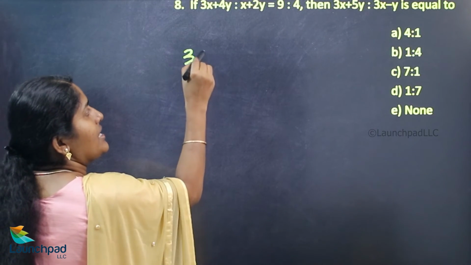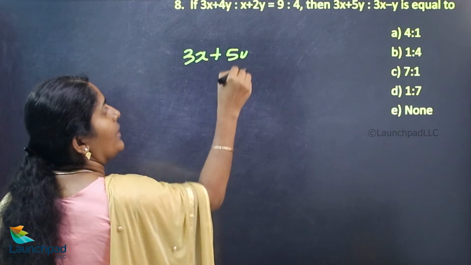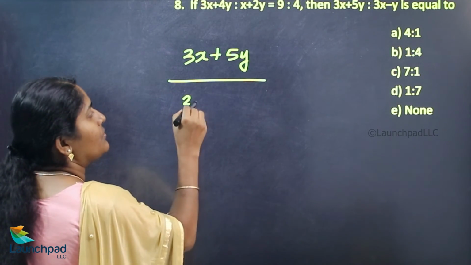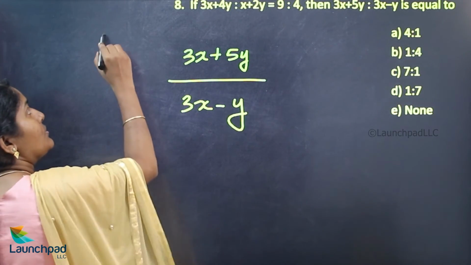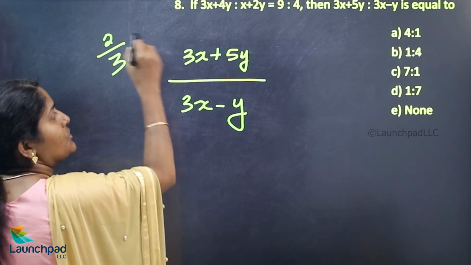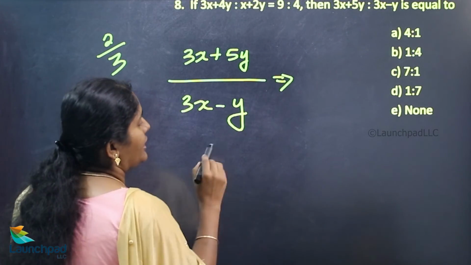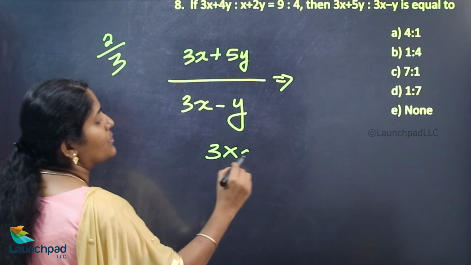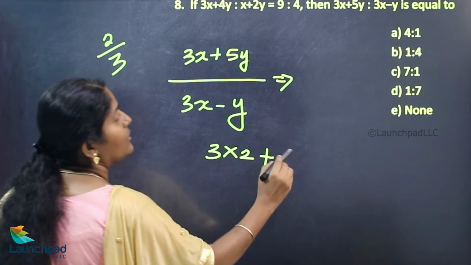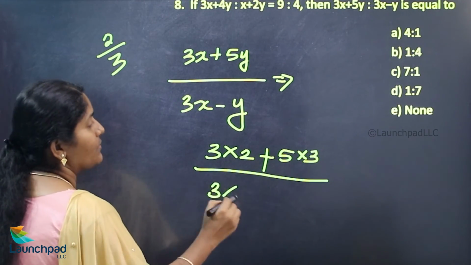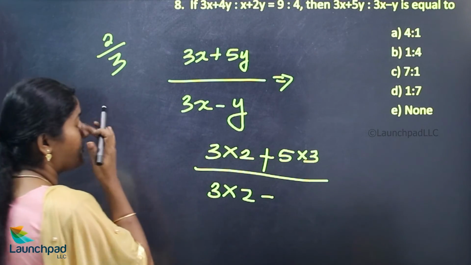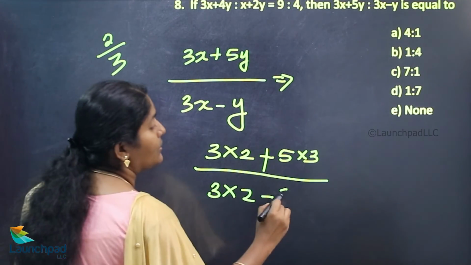Now 3x plus 5y divided by 3x minus y. What is your x by y value? 2 by 3. I am substituting 3 into, what is your x value? 2, and what is your y value? 5 into 3 divided by, what is your x value? 2 minus, what is your y value? 3.